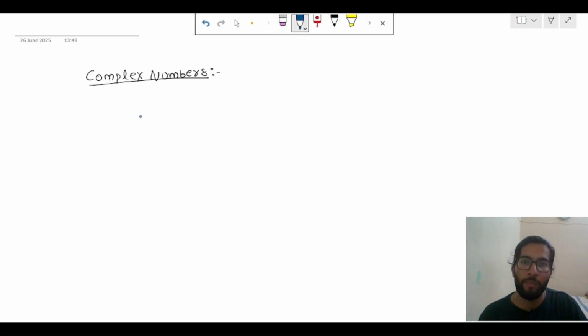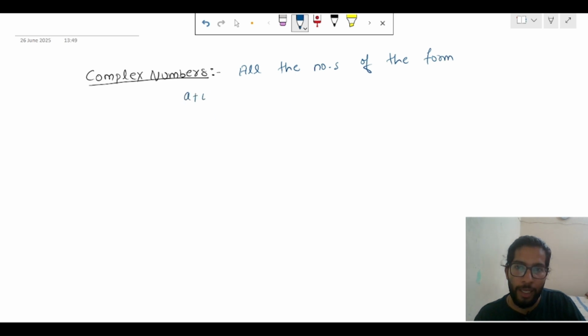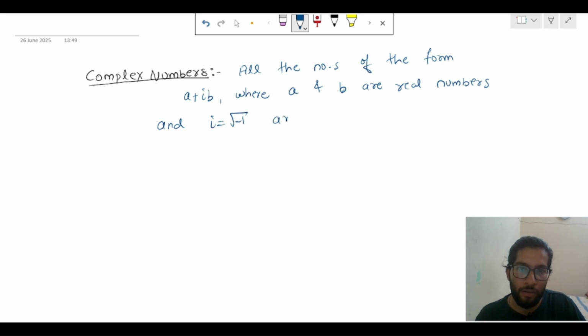Okay, so what are complex numbers? All the numbers of the form a plus iota b, where a and b are real numbers and iota is equal to under root minus 1, as we have done before, are known as complex numbers.